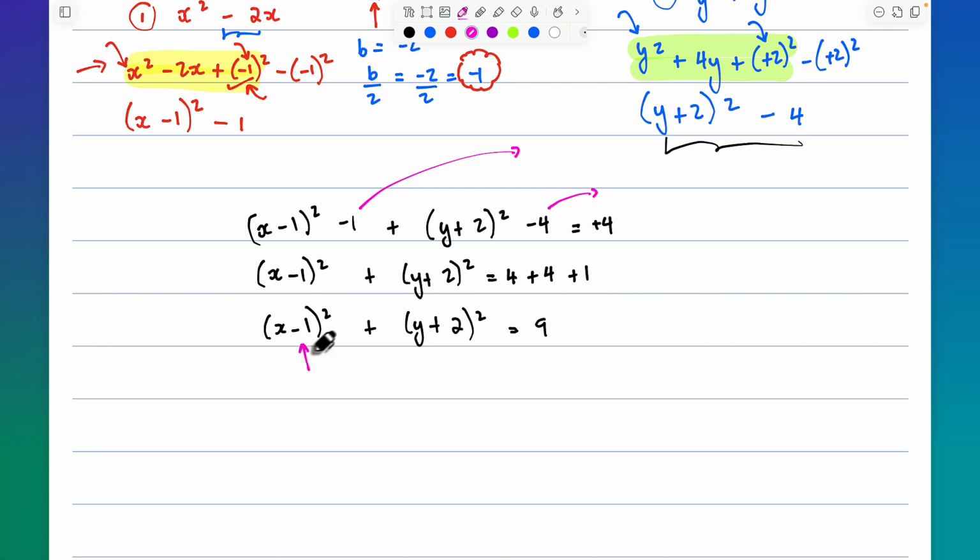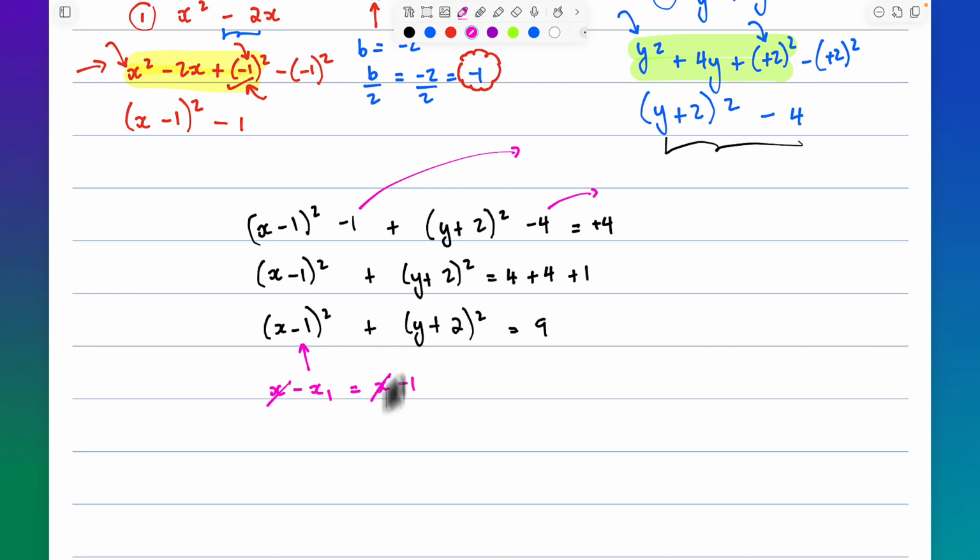Remember, this is supposed to be x minus something. That something is the x coordinate of your center. So what's the thing that we're subtracting here? Since it's x minus 1, that means your x1 value is positive 1. Or if this is tricky, you can write x minus x1 is equal to x minus 1.